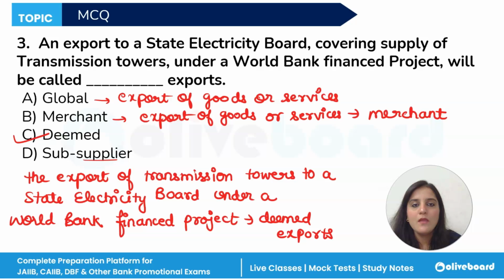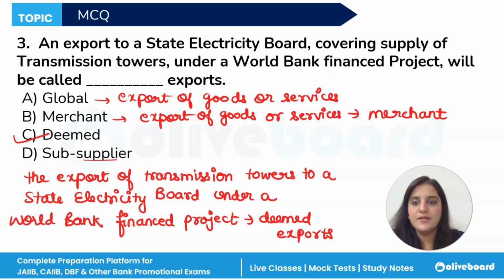Okay. So, an export to a state electricity board covering supply of transmission towers under a World Bank financed project will be called as deemed exports.